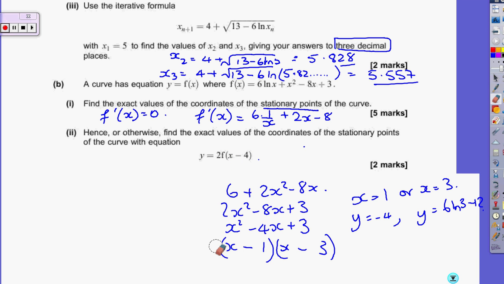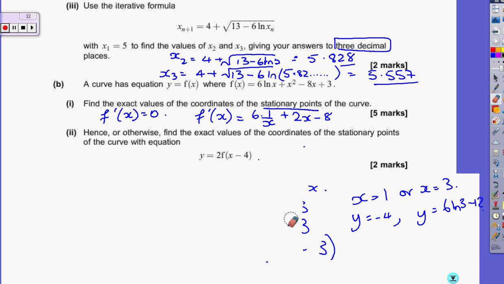So we've got our 2 solutions to the right there, and now what they want us to do is transform them. So, hence or otherwise. I would always try and go for hence, because you've obviously done something if they say hence. So hence, your x value will be adding 4, because that's an inside transformation. It affects the x, so you're going to add 4 to the x's, and your y's are going to be doubled.